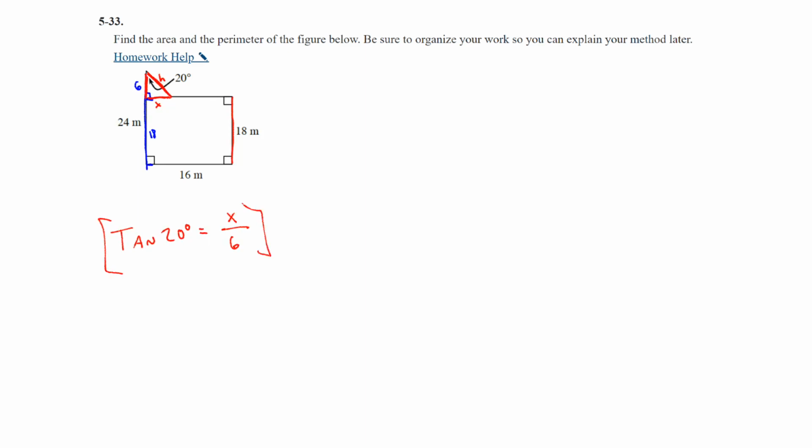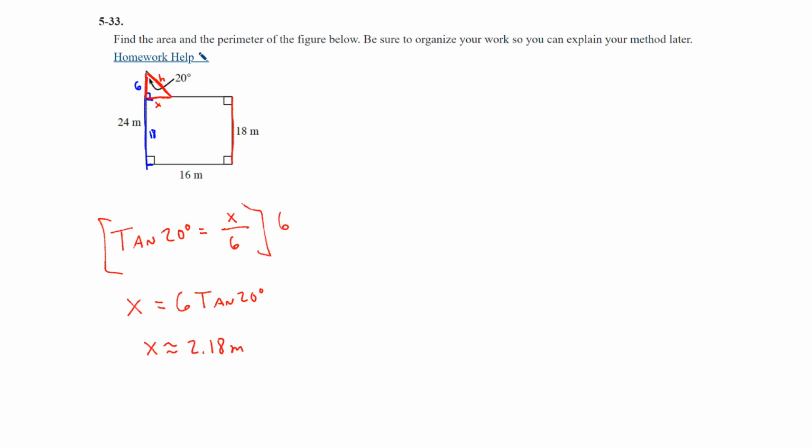And then we can multiply by 6. So x would be equal to 6 times tangent of 20 degrees. So that's the exact value. Let's plug that into the calculator. Make sure your calculator is in degrees. And when you take 6 times tangent of 20, you will get approximately, to the nearest hundredth, 2.18.